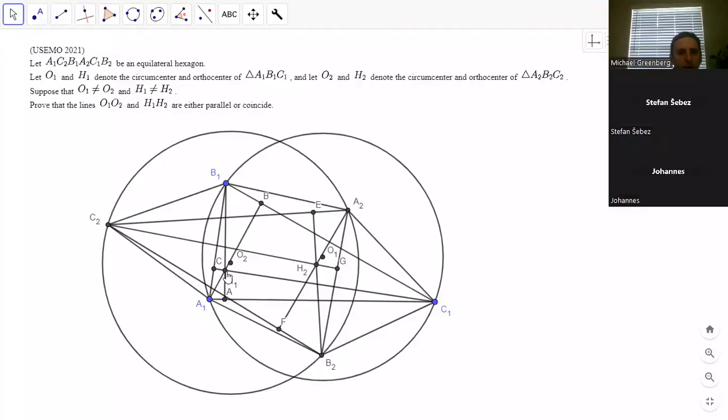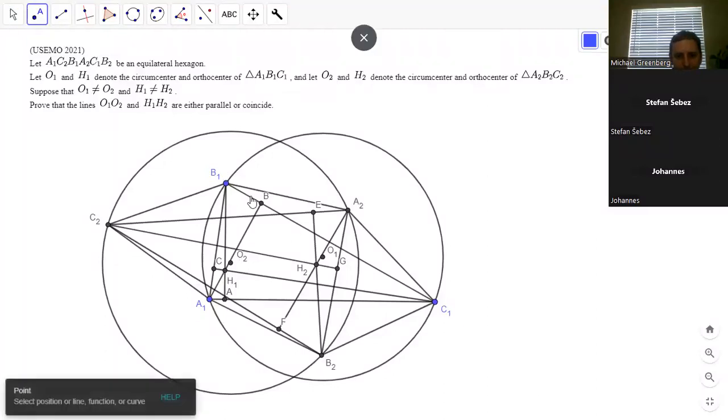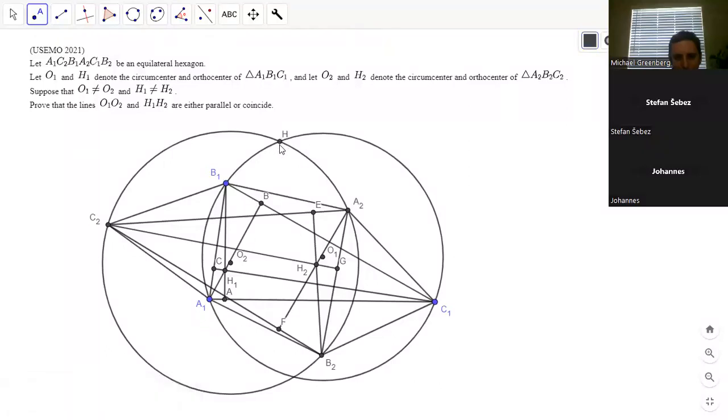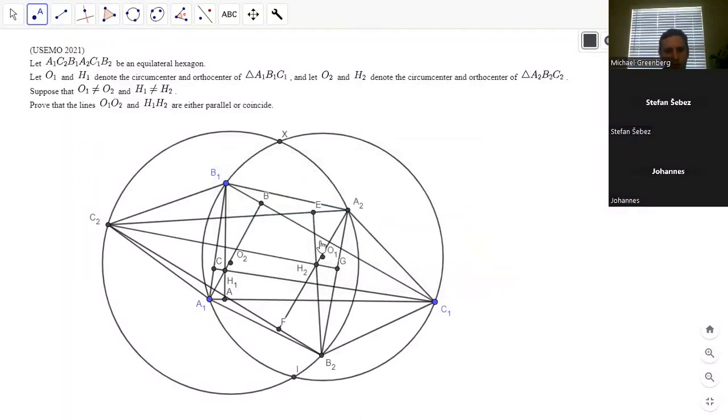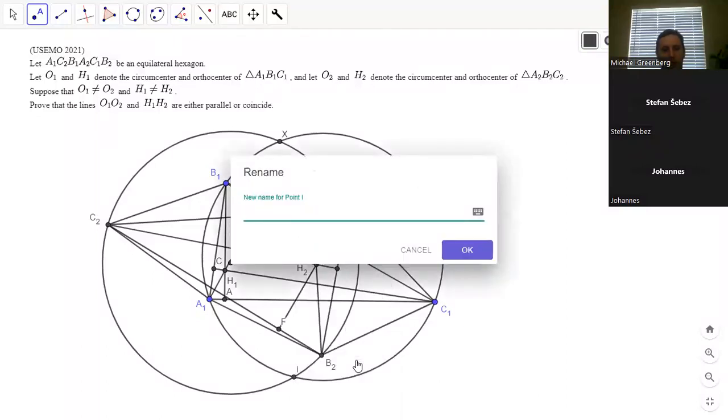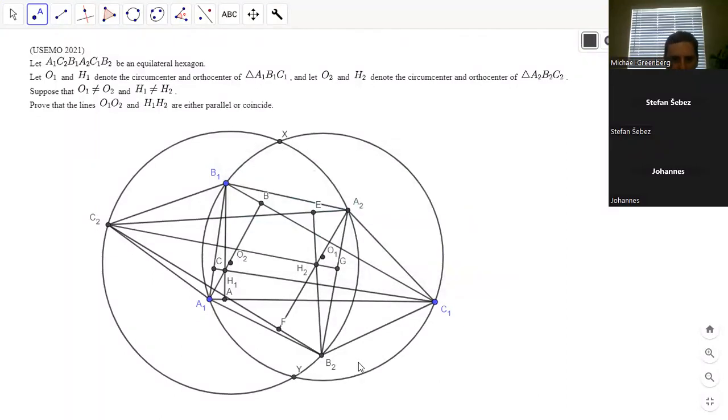Maybe we could show the difference of powers. So like we call this X and Y. It looks like those four points make a parallelogram. Okay. Interesting.